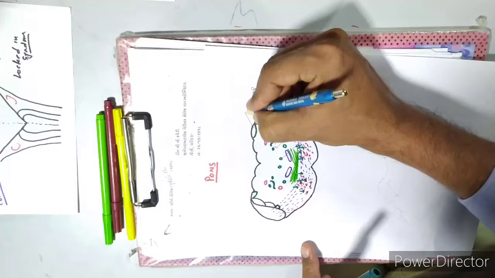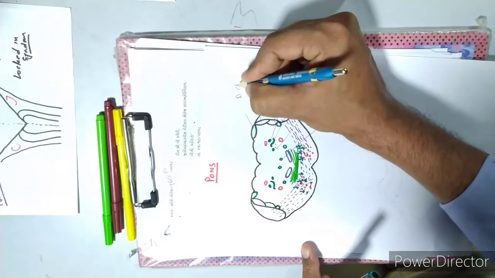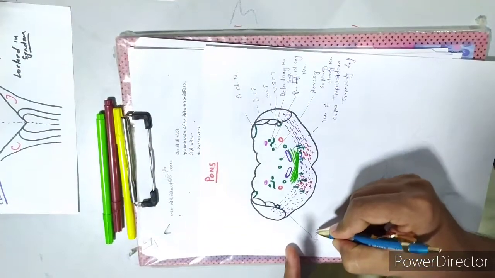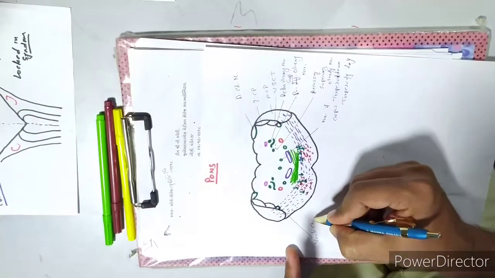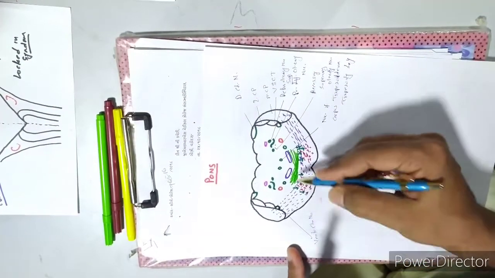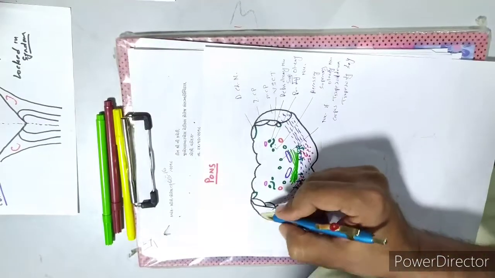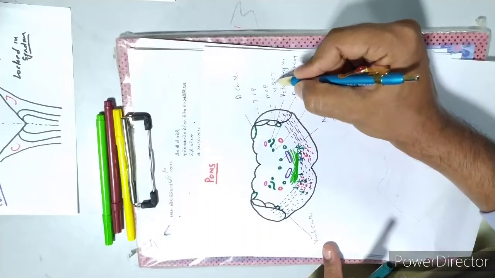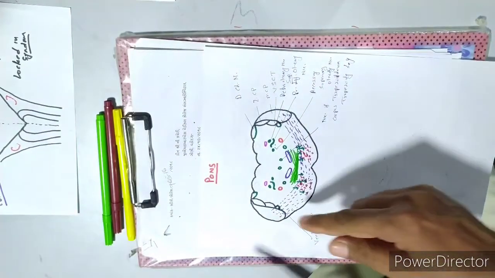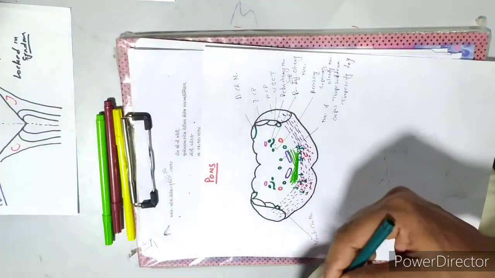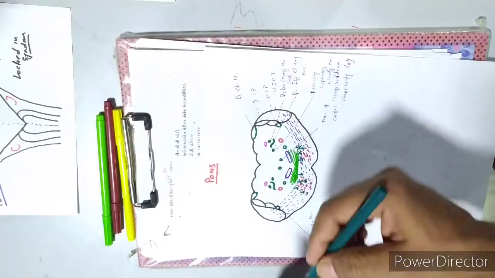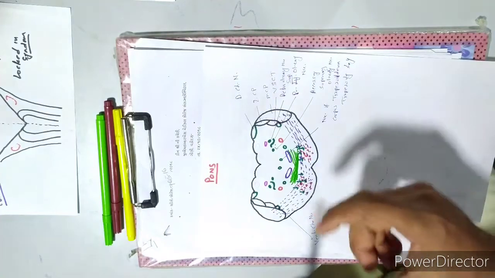This is the dorsal cochlear nucleus, and this is the ventral cochlear nucleus. And here we have already seen the ventral spinocerebellar tract. Clear? Both sides.